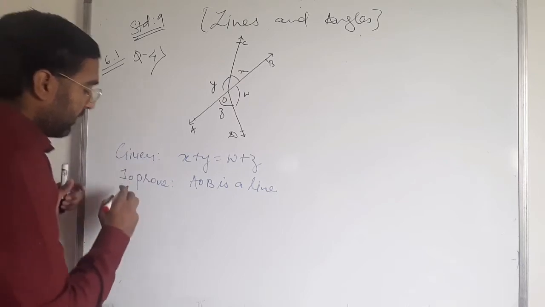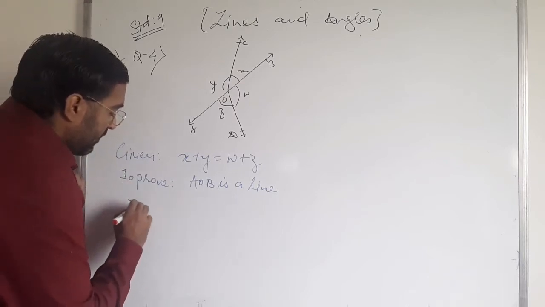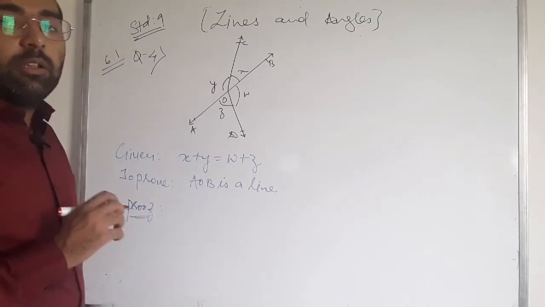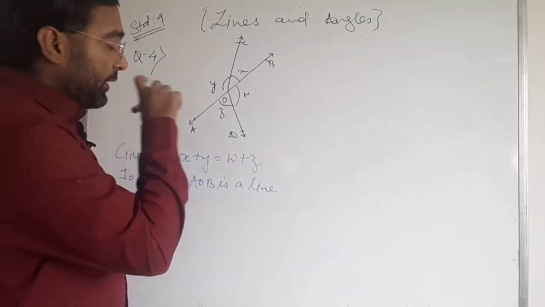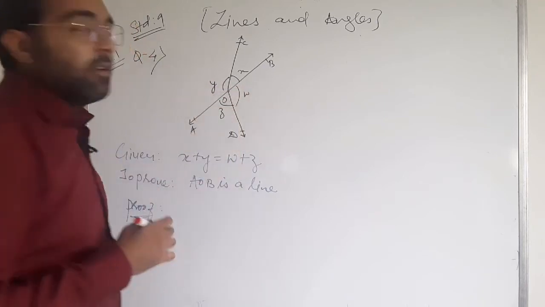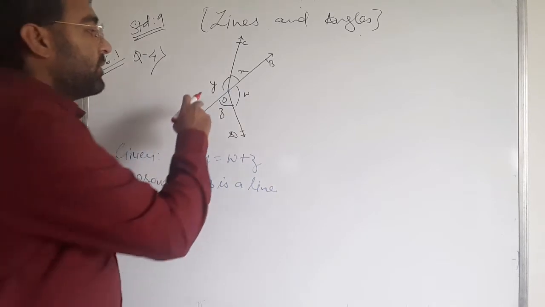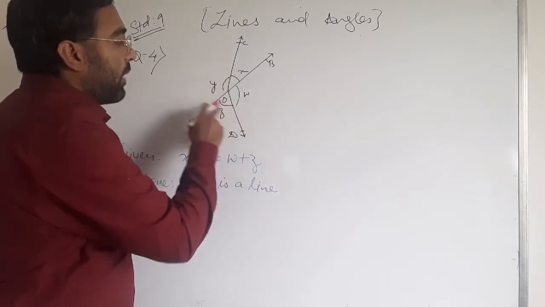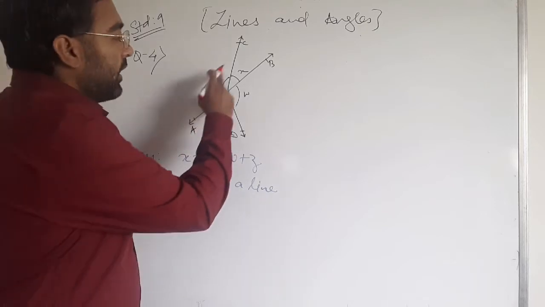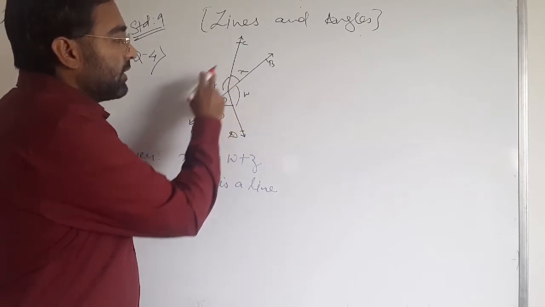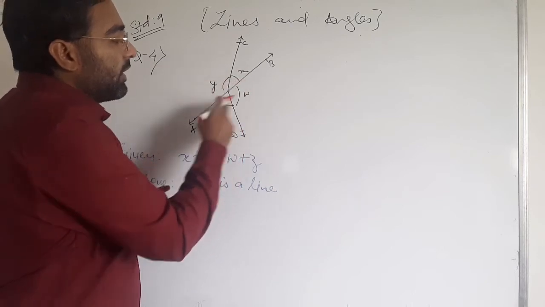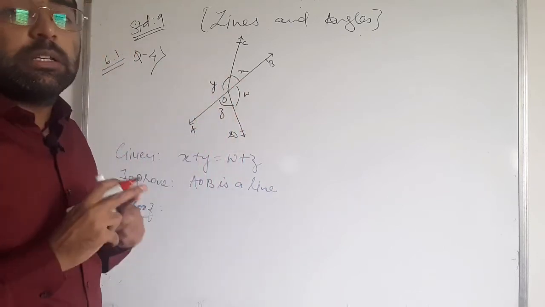So let's start the proof. In the proof, we know that point O forms 360 degrees around it. Adding all of the angles x plus y plus w plus z, all the angles total 360 degrees.